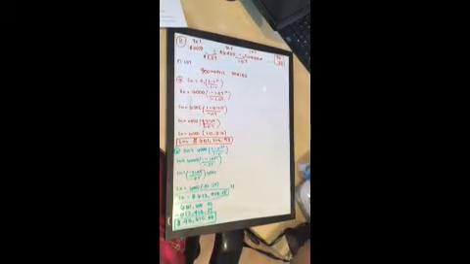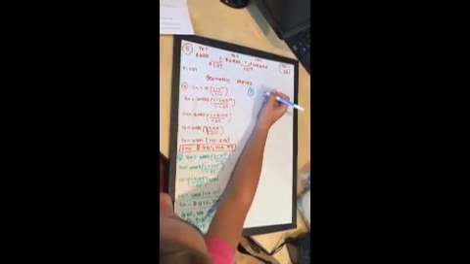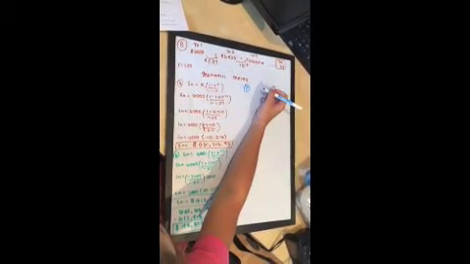Now, C is asking us to write a recursive rule for how much gets added to your bank account every year.